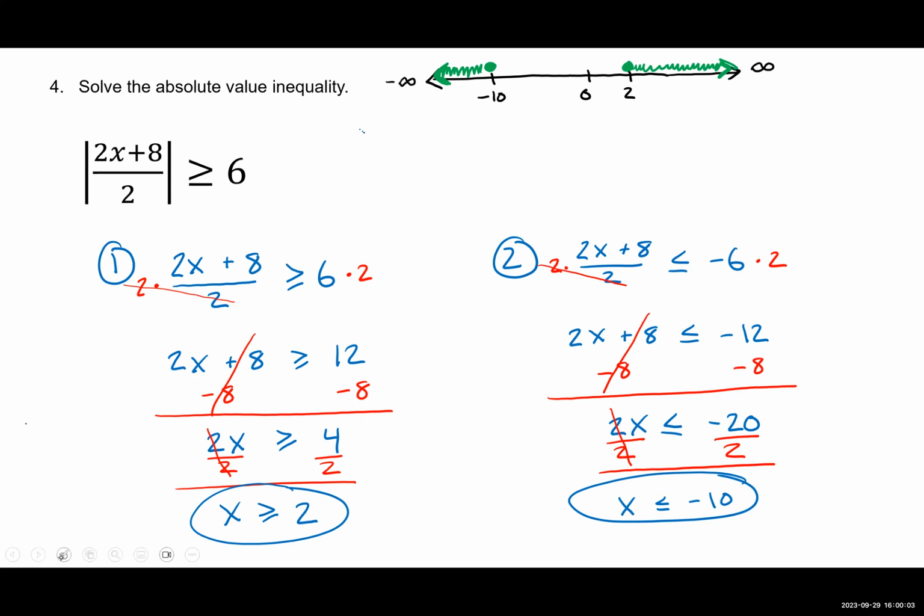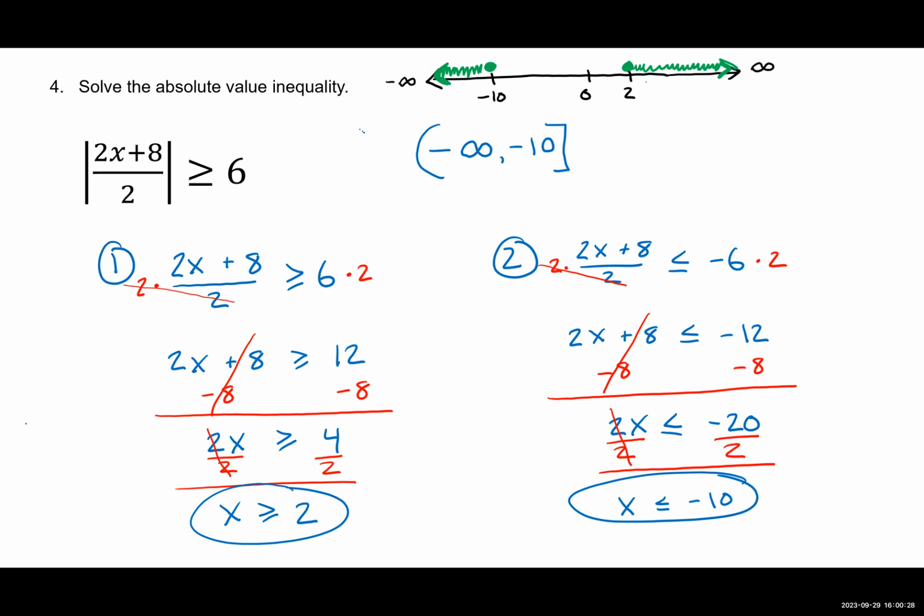So when we set up our intervals for interval notation for our answer, we have two separate intervals. The part of the answer on the left is going from negative infinity up to negative 10, including negative 10. But the infinity always gets a curved parenthesis because infinity is not an actual number.